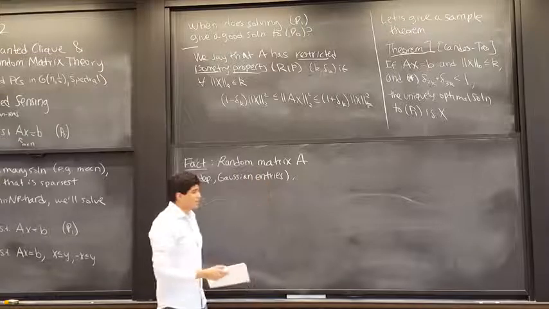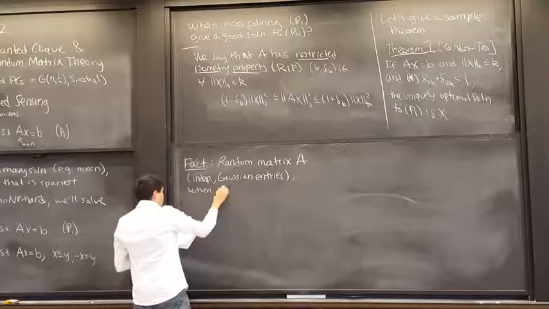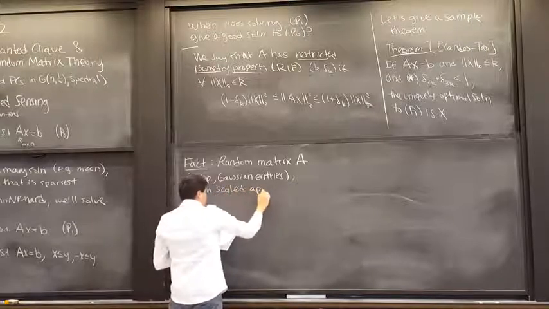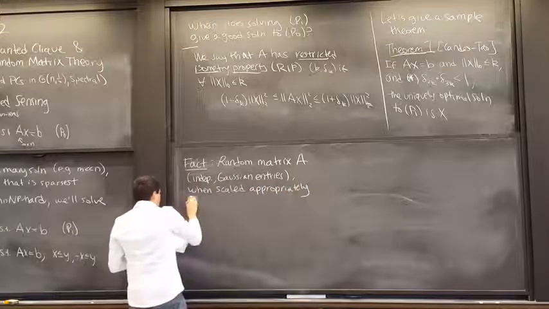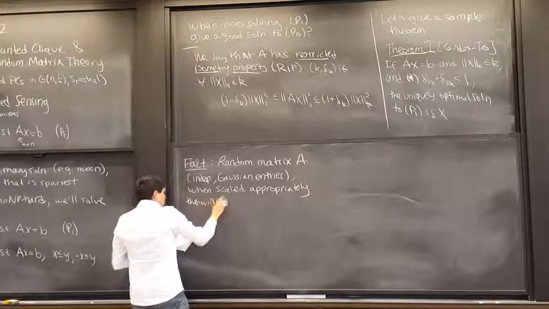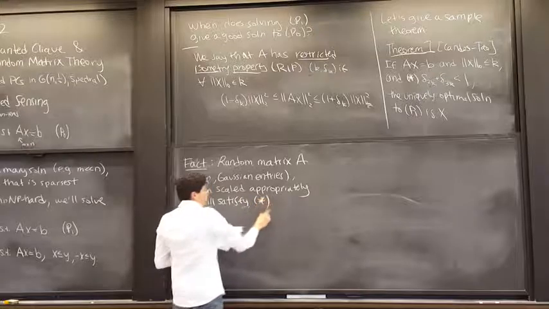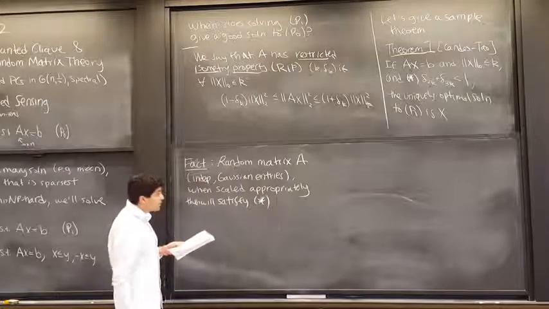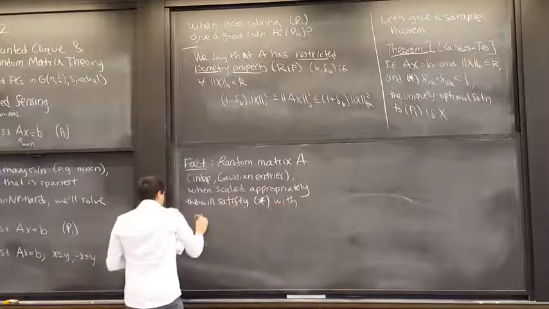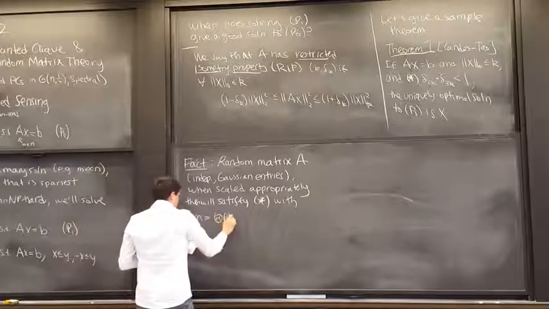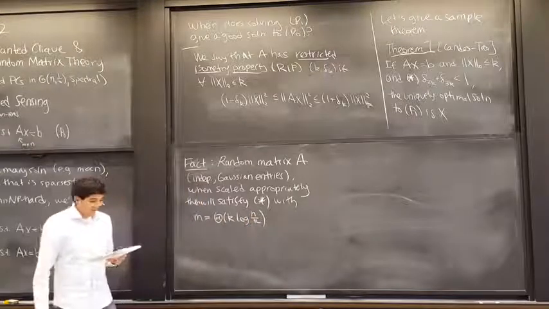If it's close to some constant times that, I would really just need to rescale things. So when you scale this matrix A appropriately, then it will satisfy this condition star, where these RIP constants, the sum of them is less than 1, with as few as m is theta of k log n over k rows.